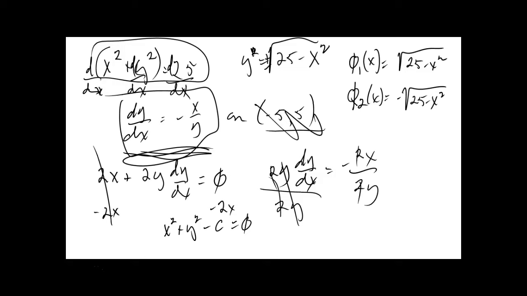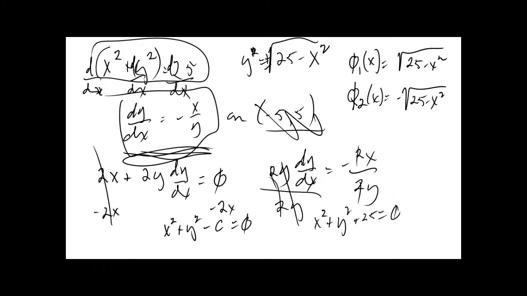That's what they were just saying. Any relation of that form formally satisfies that for any constant c. However, it is understood that the relation should always make sense in the real number system. For example, if c is equal to negative 25, then you can't say that x squared plus y squared plus 25 equals 0.